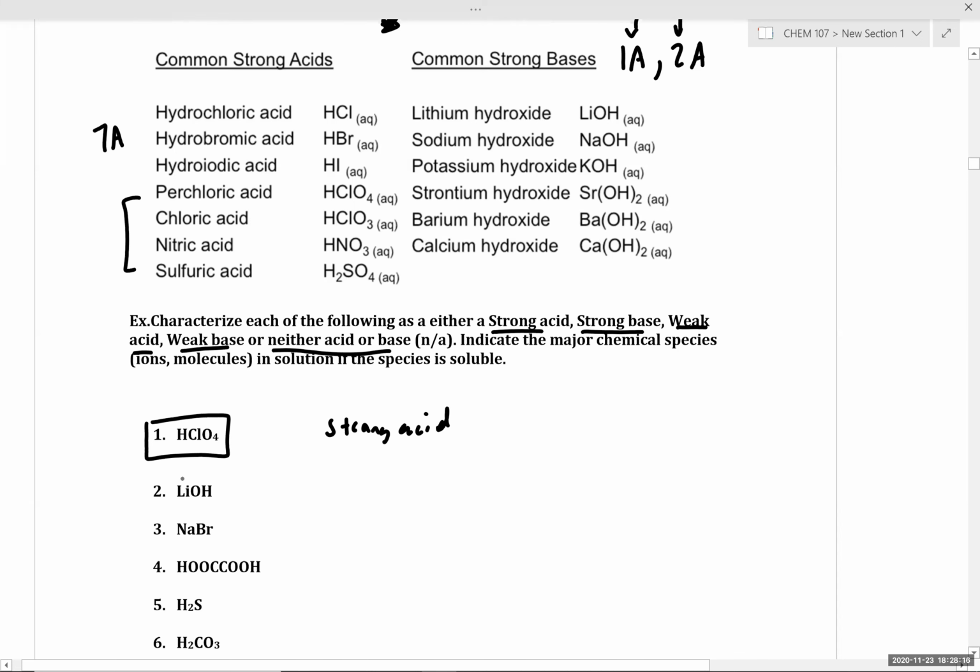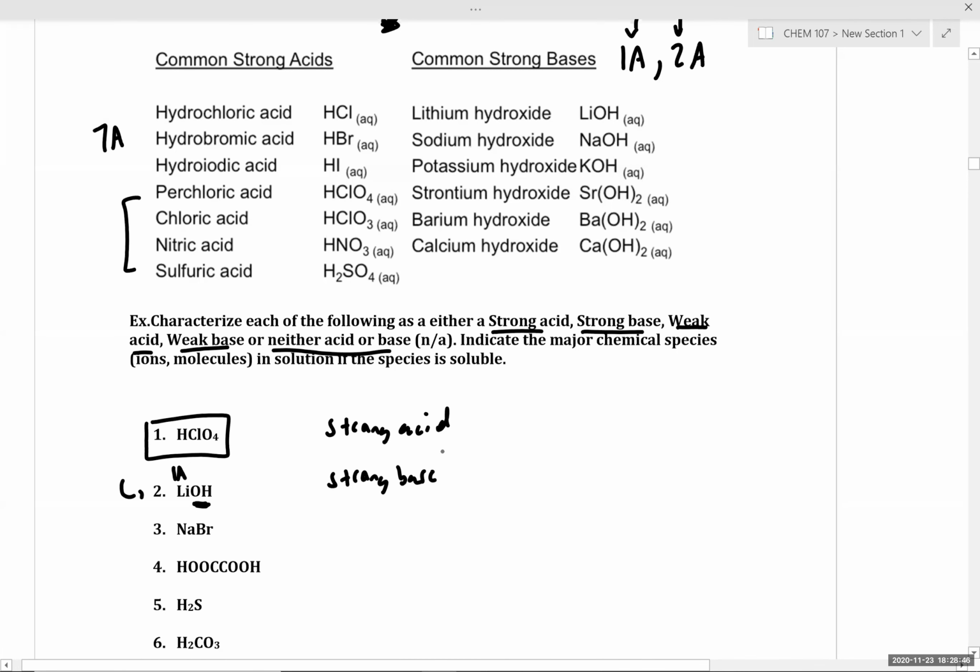Okay. Next is lithium hydroxide. So I see this hydroxide. What does that tell us? Base. Yep. And in this case, are we dealing with a strong or weak base? Strong base. Yep, it's a group 1A metal hydroxide, so it would be a strong base.